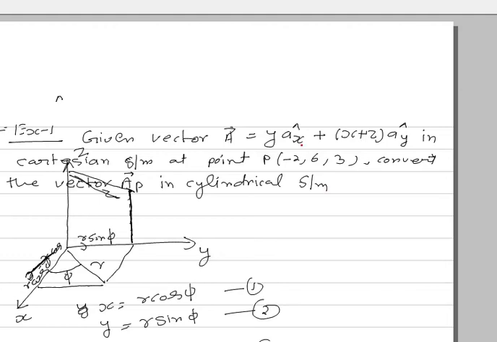Okay, now solve this problem. Solution. The value of point P is: at P, x equal to minus 2, y equal to 6, z equal to 3.